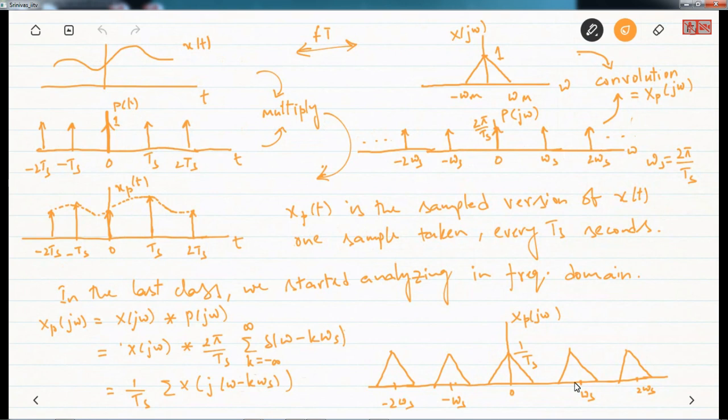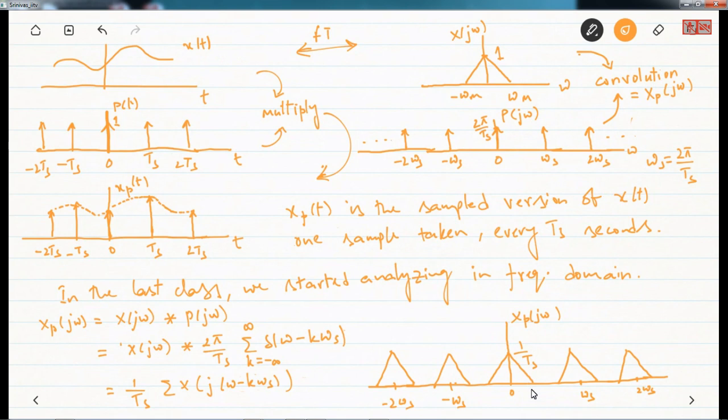That's exactly what we did, right? So the same triangle will reappear at the location of 0, the same triangle will reappear at the location of omega s, and the same triangle will reappear at the location of 2 omega s. Right? And then you have to take care of these things.